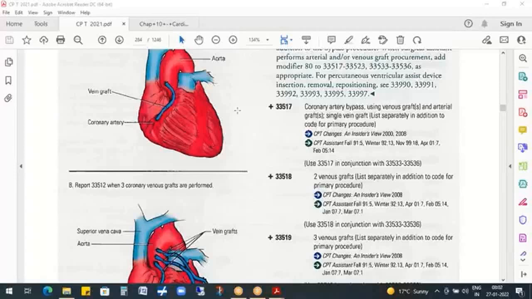For CABG, 3 arterial grafts are used. What is the code? 33535. Next one.